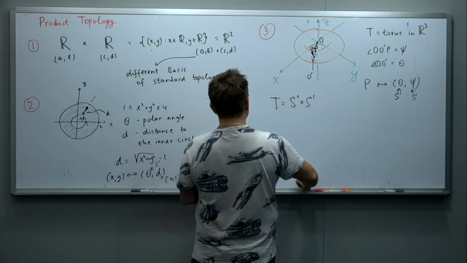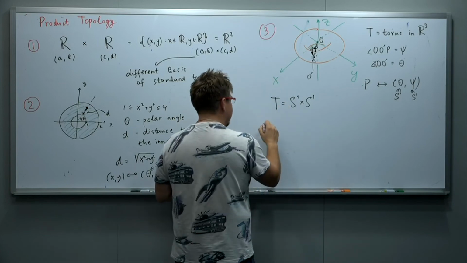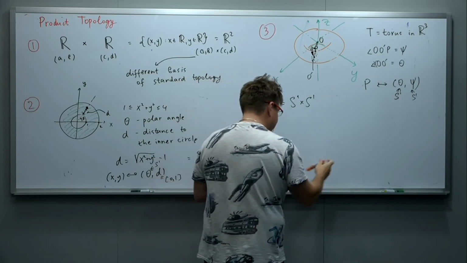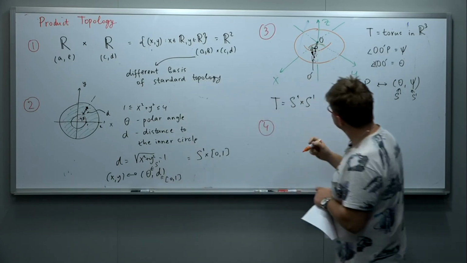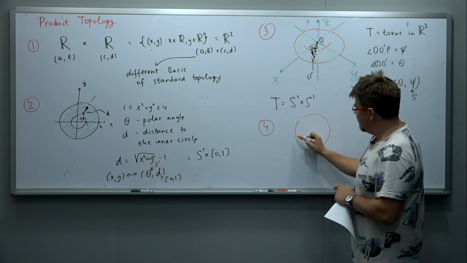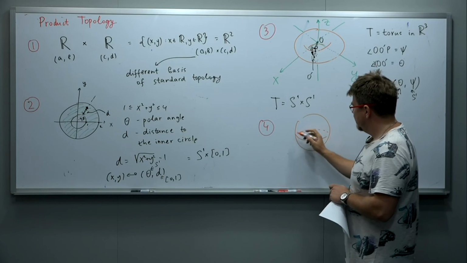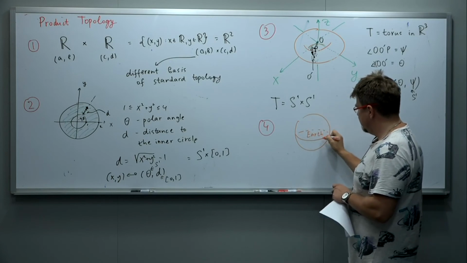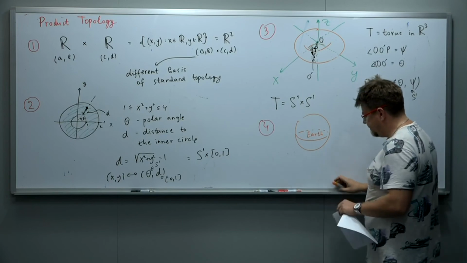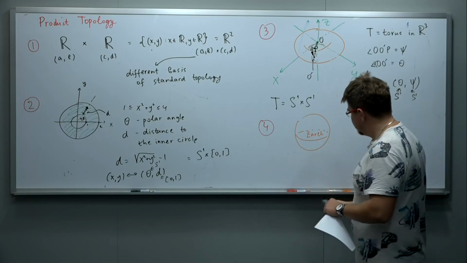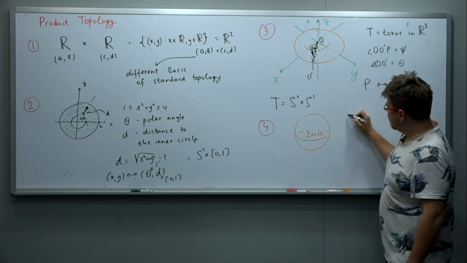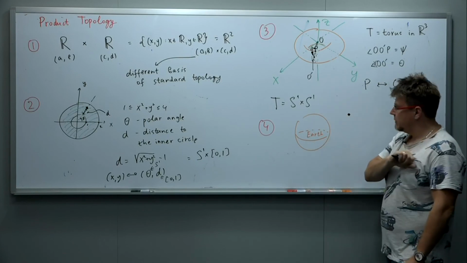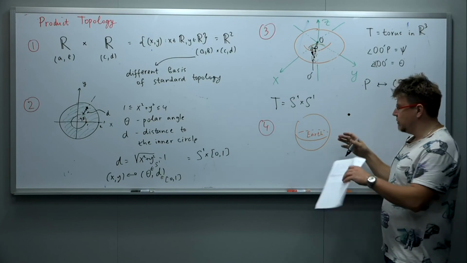All right, and maybe one more example. Suppose that we have, say, Earth. This is Earth. And we have a satellite that flies around Earth on an orbit or whatever. Maybe it's not an orbit.